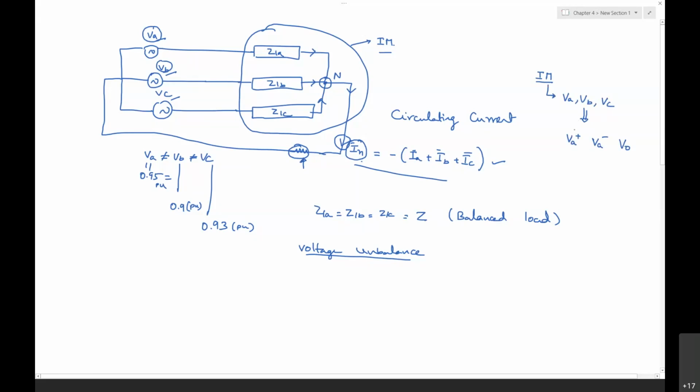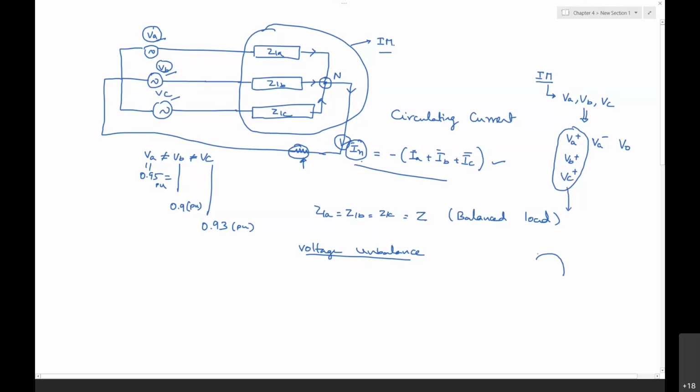The positive sequence voltages are VA positive, VB positive and VC positive. These voltages produce a rotating magnetic field.